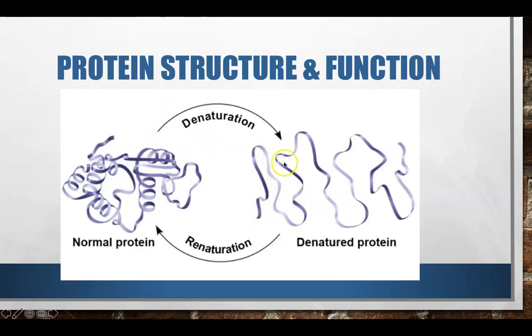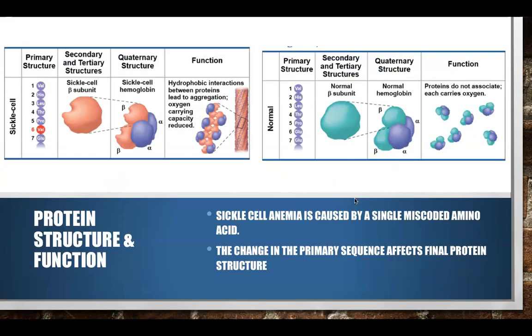When a protein is denatured, it is no longer going to function as it should because structure dictates function. However, some proteins, not all, are able to be refolded, and that's called renaturation. So if a protein is unfolded, it's denatured. And if it can be refolded, it undergoes renaturation. Not all proteins can be refolded once they are damaged.